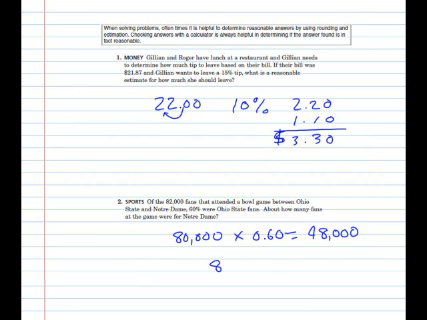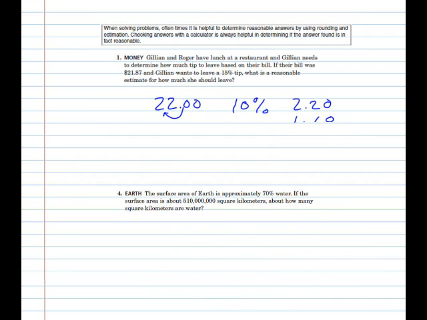What they want to know, though, is how many Notre Dame fans there are. So we take our rounded 80,000, subtract our 48,000 Ohio State fans, and what we're then left with is 32,000 Notre Dame fans.